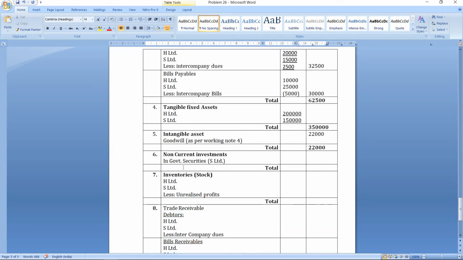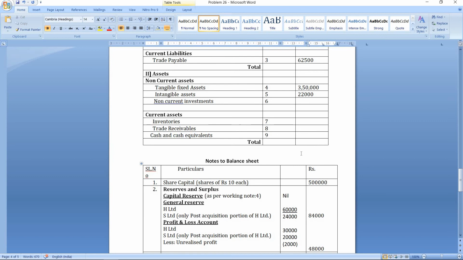Note number 6, in government securities only of S Limited, we can write it directly, that is 80,000. Same total will appear in the balance sheet, that is 80,000. So in the balance sheet, note number 6, non-current investment amount is 80,000.